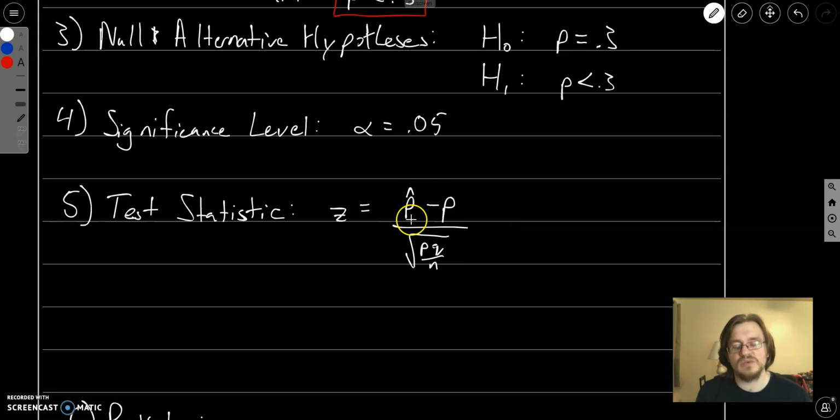In this case, because we are looking at proportions, this is the test statistic that we want.